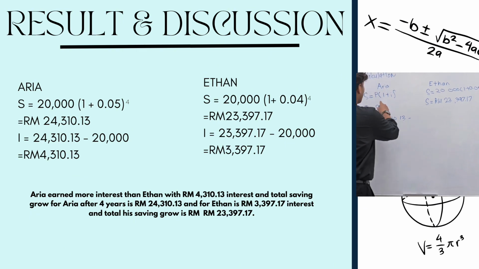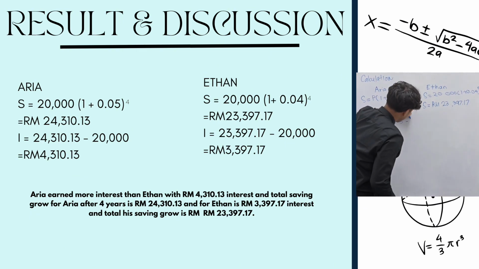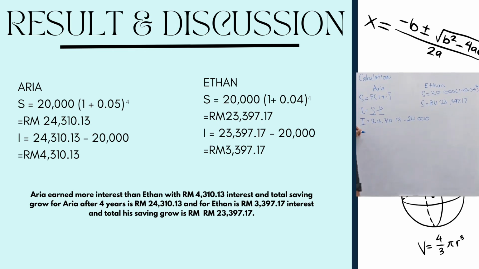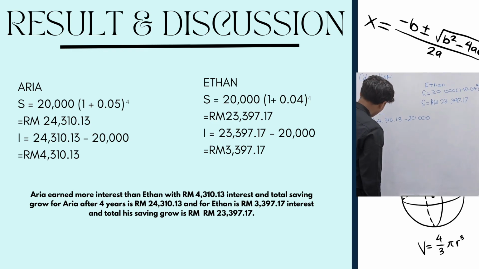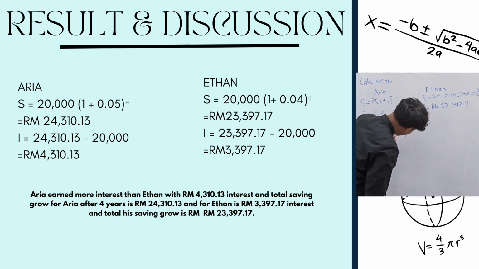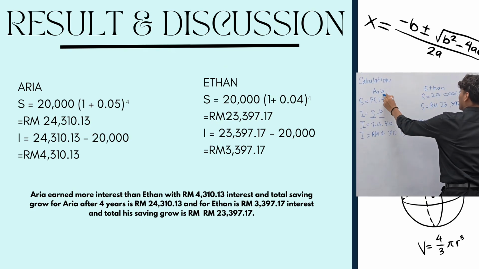Minus P, the P is 20,000, so we put here minus 20,000. Then type it in the calculator and you will get the answer for I, which is RM4,310.13. Okay, that's the I for Arya.